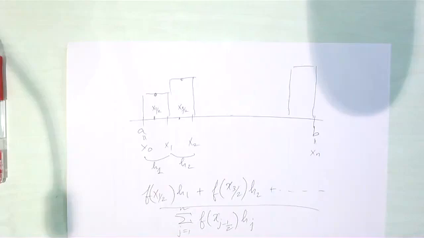And now we still have the errors. So the error will be the difference between the exact integral minus the quadrature sum.